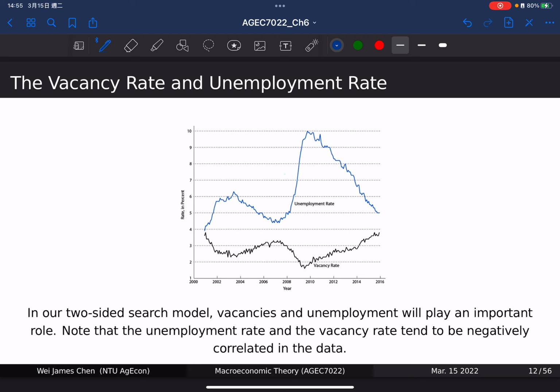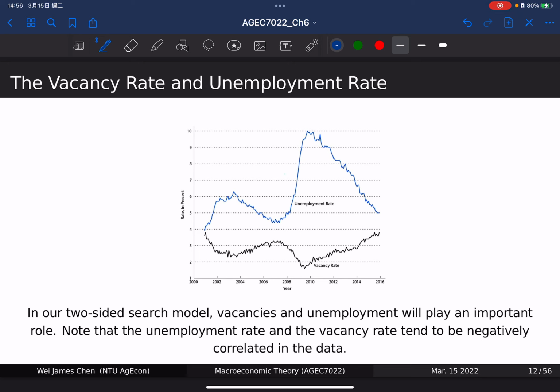Later on you'll see that in our two-sided search model, the second model that we may be talking about today or maybe next week, the vacancy and the unemployment are going to play important roles because we're going to talk about two-sided. And you can see that from past data, this is the unemployment rate, this is the vacancy rate, they're sort of negatively correlated, right?